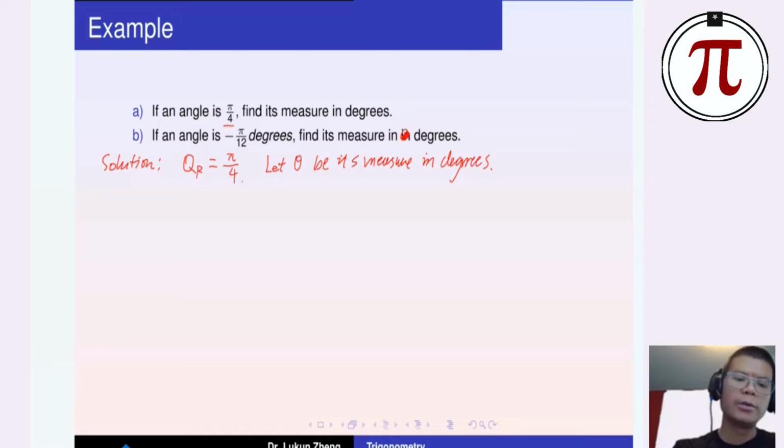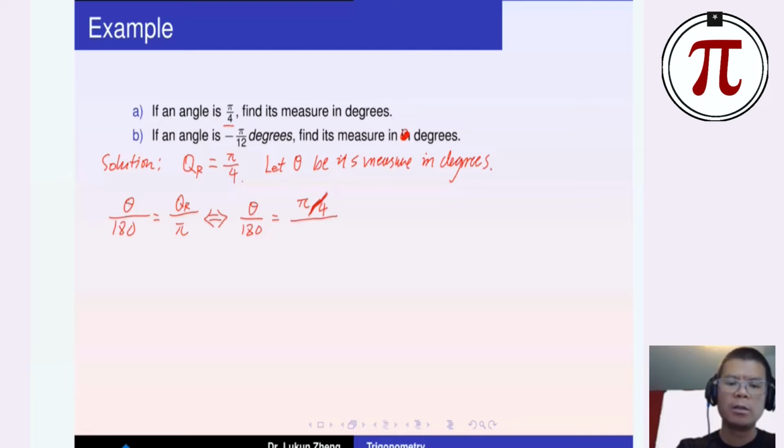Then we have again that what equation? Theta over 180 equals theta r over pi. So by substitution, theta over 180 equals pi over 4, over pi.